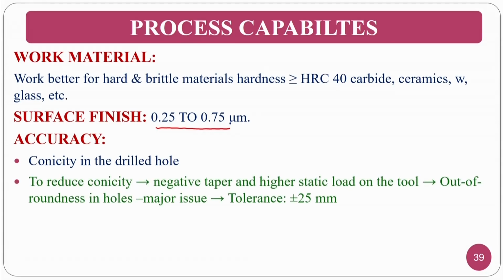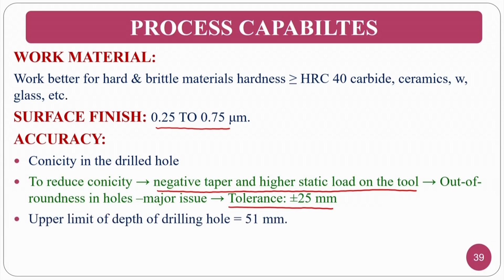To reduce the conicity, normally what you have to provide is negative taper, and a high static load to the tool can be given. Out of roundness in the holes and major issues are reduced, and good tolerances you can achieve. The upper limit of the depth of the drilled hole is 51 mm, and even up to 150 mm in special cases you can achieve.